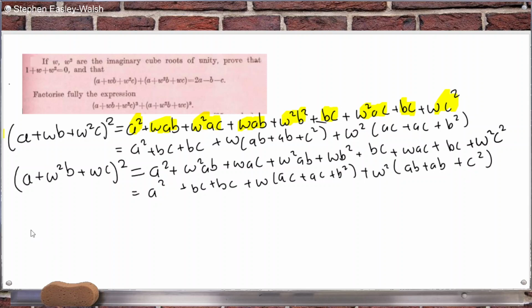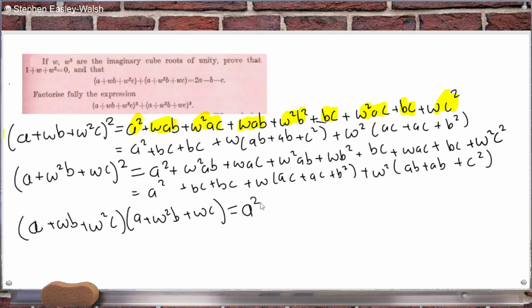Okay, and now we have to multiply them together. So that's a plus omega b plus omega squared c times a plus omega squared b plus omega c.